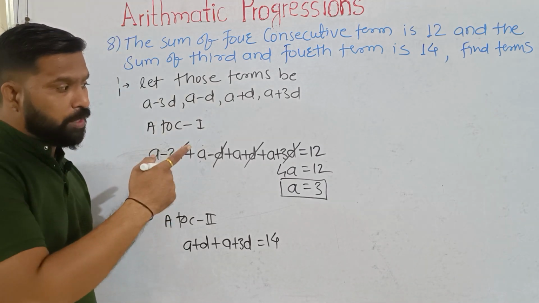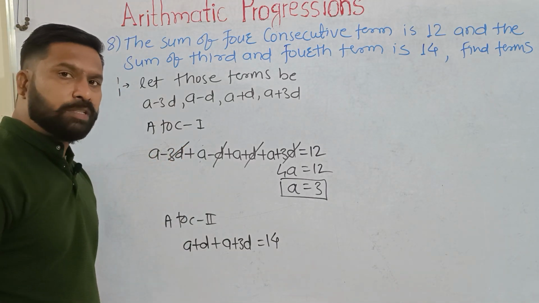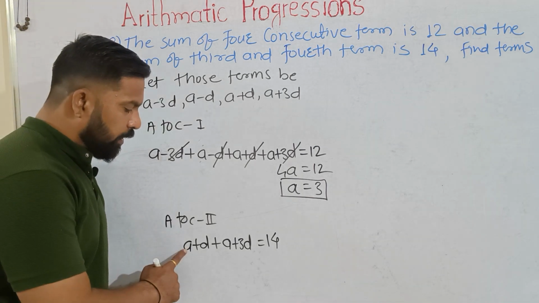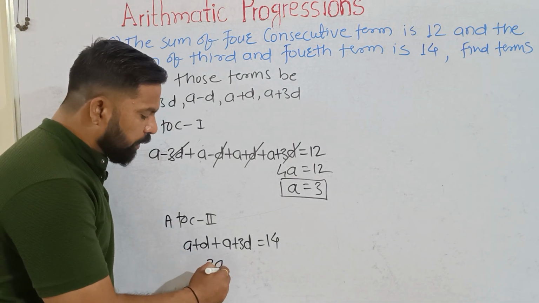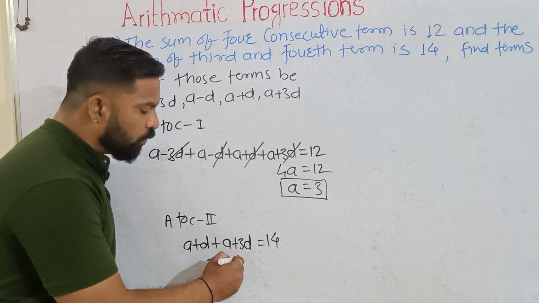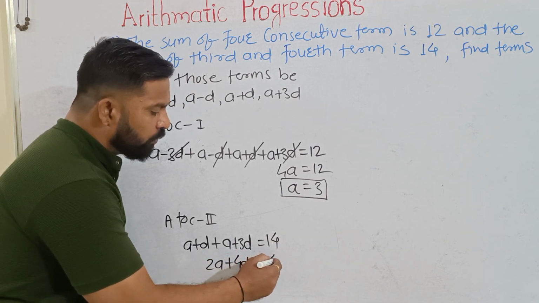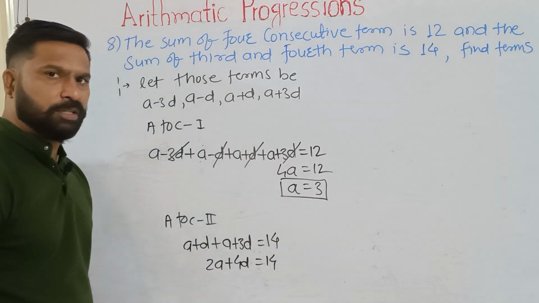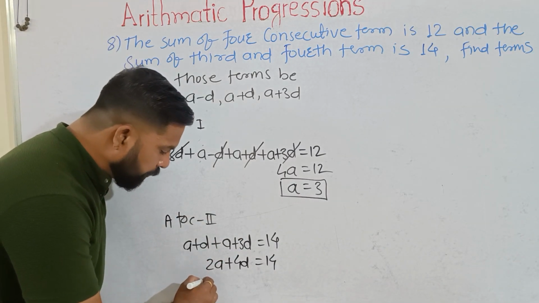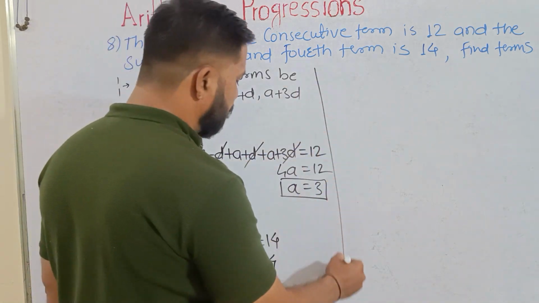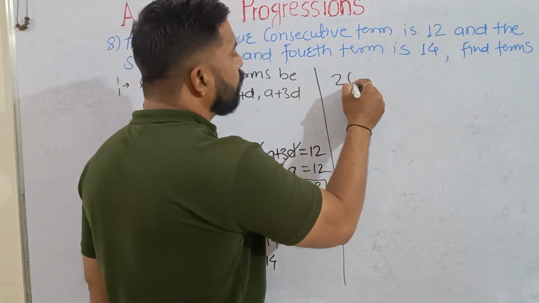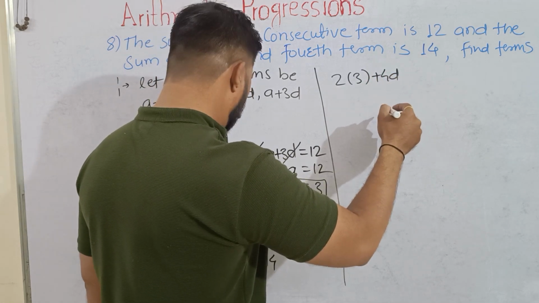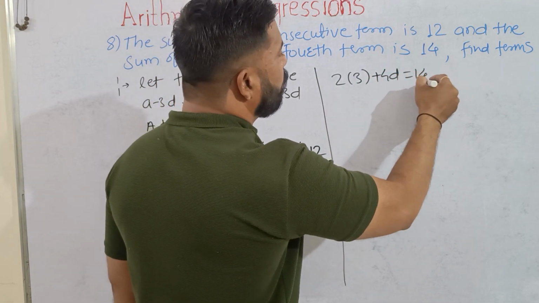All terms sum is 12 and the last two terms sum is 14, which means there must be a negative term in it. So a plus a, 2a plus 4d is equal to 14, but now we know the value of a, which is 3. We can substitute it: 2 into 3 plus 4d, which is equal to 14.